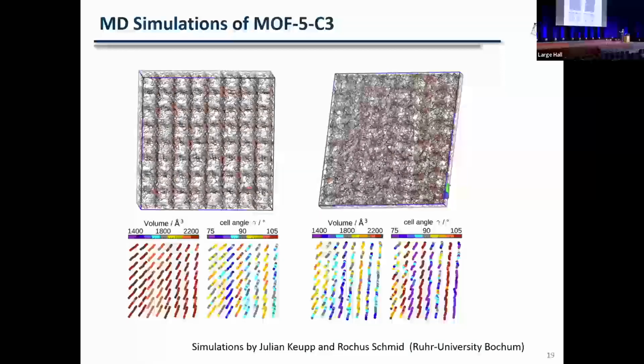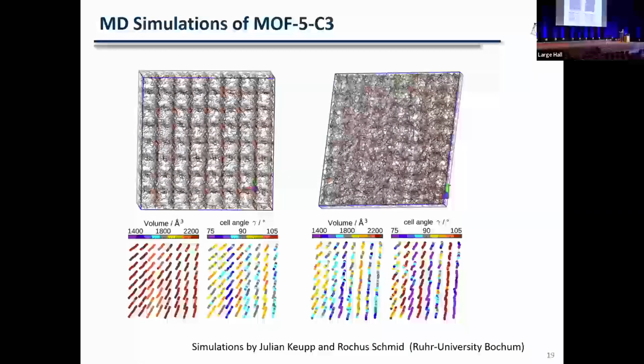MOF-5 material. And then you see, this is a crystalline framework where all the cavities have basically the same volume of about 2,100 to 2,200 cubic angstroms. And in the non-crystalline phase, you have a large deviation of cavities with different volumes. So you have different distortions for each of the clusters, and these distortions are also correlated.